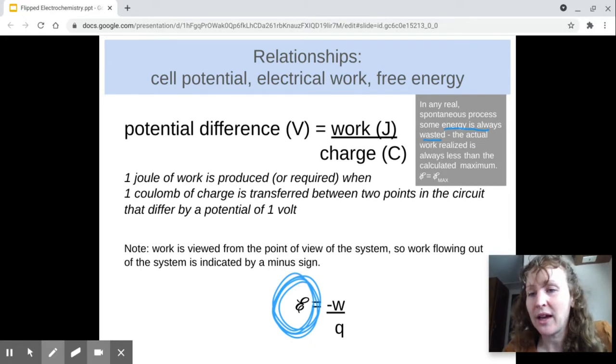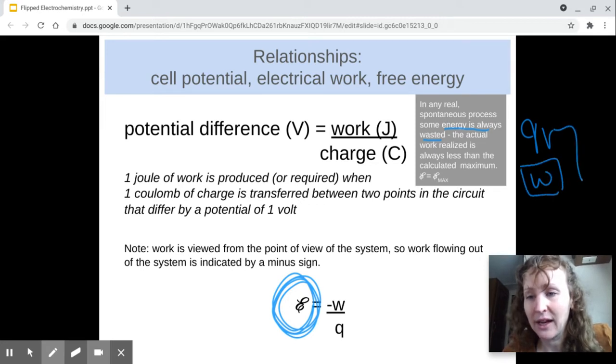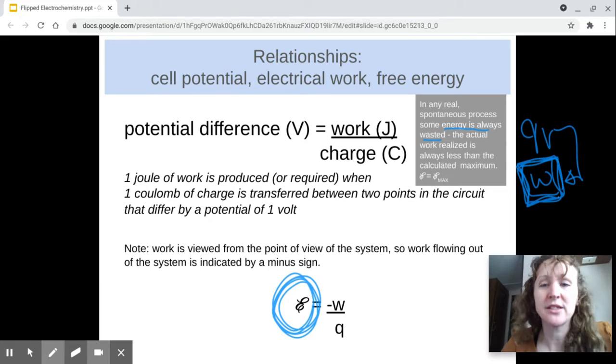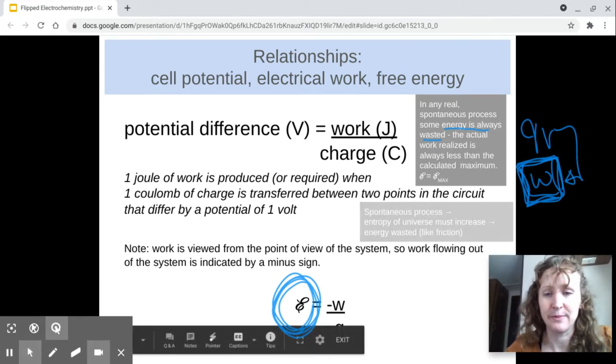So if we buy a 9-volt battery and we calculate the amount of work that can be done by that 9-volt battery, we know that we're not actually going to be able to plug that battery in and actually do that amount of work, because some work is always going to be lost in the system.